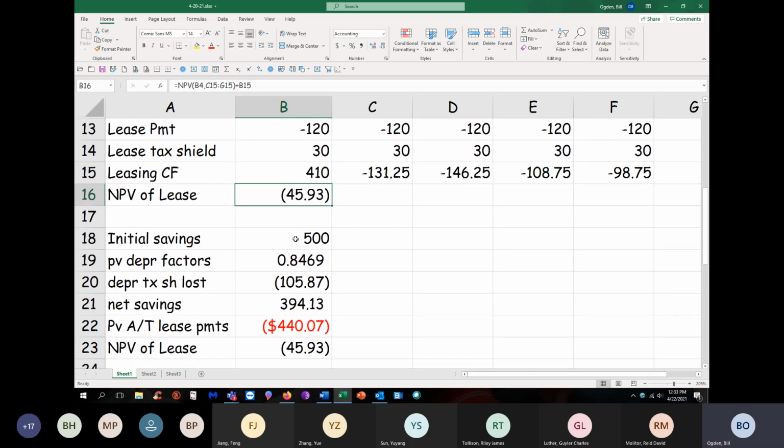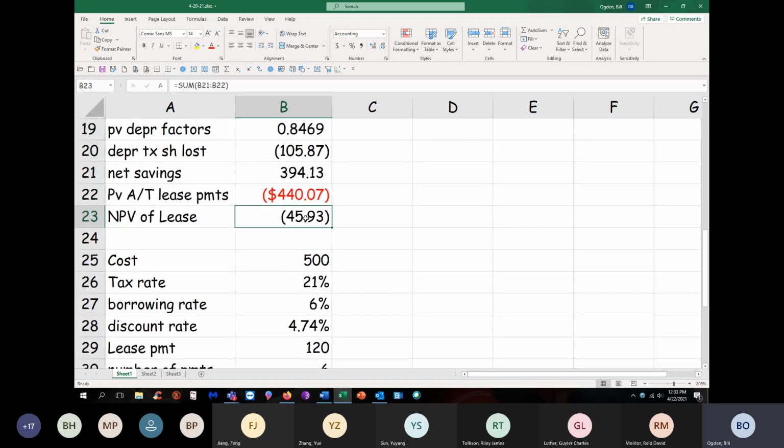We did the same thing with a little more compact analysis. Again, this is the way I would do it if I were asked to do a problem like this. And we came up with the exact same answer.